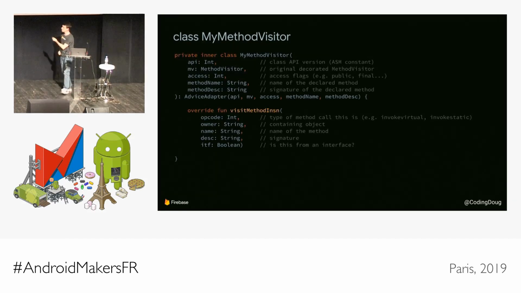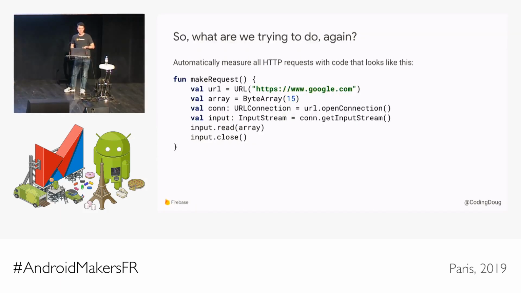There's one method in here that I am particularly interested in. It's called visit method instruction. This visitor will get called any time that it sees that there's a method call within the code of that method. So I'm using method in two different ways. Inside the body of the method, if it sees a method call, I get to know about it. And I'm told things like, is it invoke virtual, is it static, who owns the method, the name, and so on.